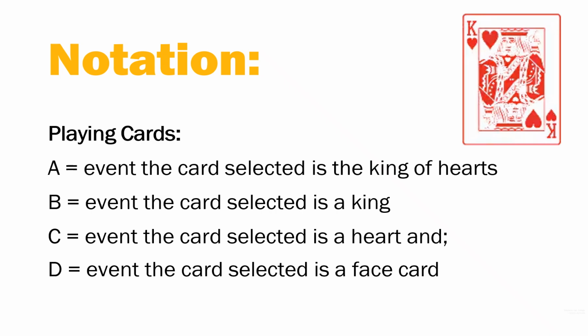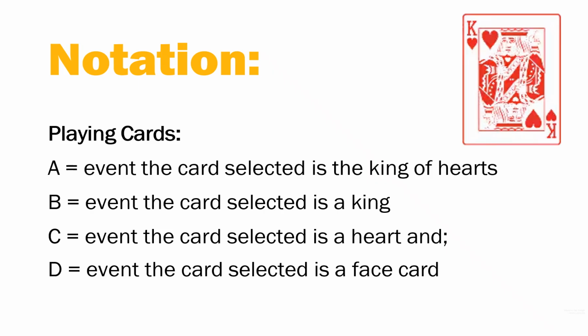We've got the event the card selected is the King of Hearts, the event that the card selected is just a king, the event the card selected is a heart, and the event the card selected is a face card. And when we use this notation, it's asking you to find out, for example, event A. So they want the event that the card selected is the King of Hearts, the single outcome, King of Hearts. And so for B, it's the event the card selected is a king.